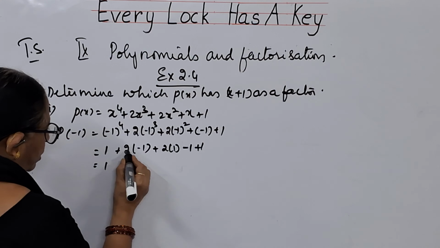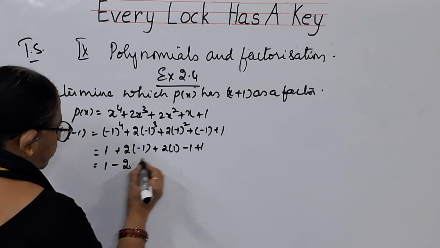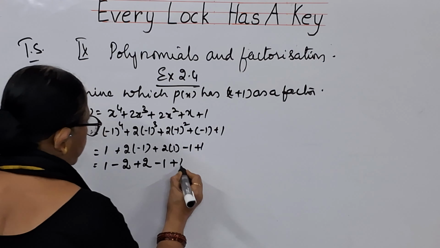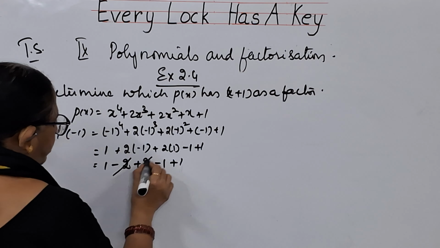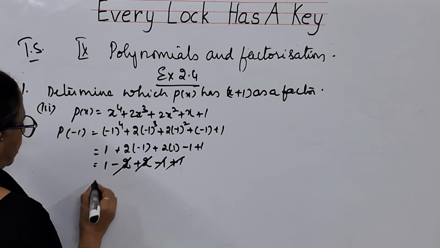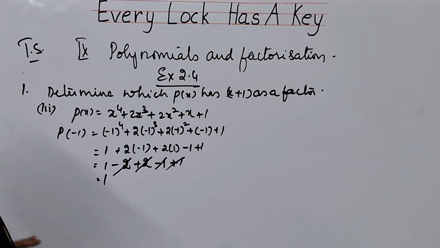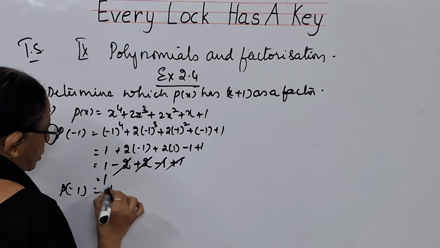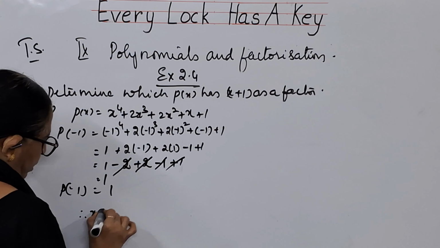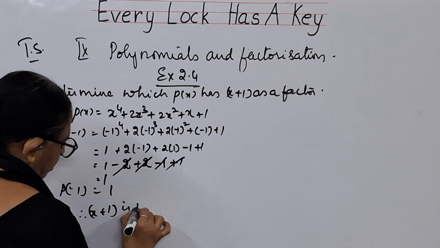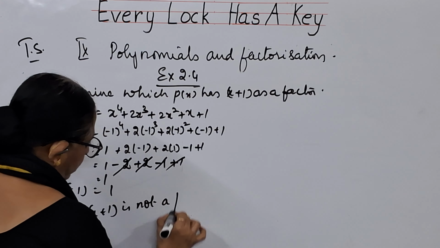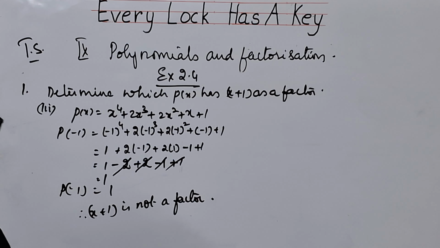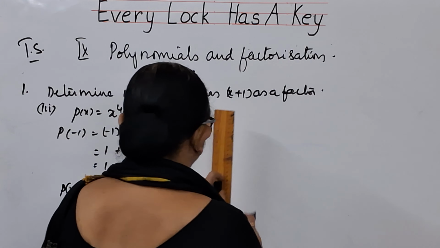That means 1 minus 2, and this is plus 2 minus 1 plus 1. Plus 2 minus 1 plus 1 will get cancelled. But you are having 1 here. That means P of minus 1 is equal to 1. So we will say that x plus 1 is not a factor. We did not get 0, so x plus 1 is not a factor.